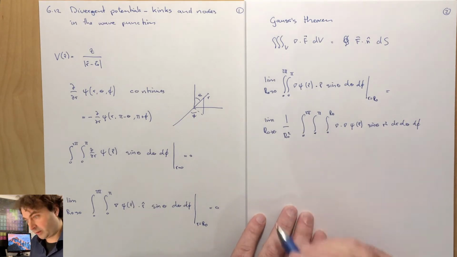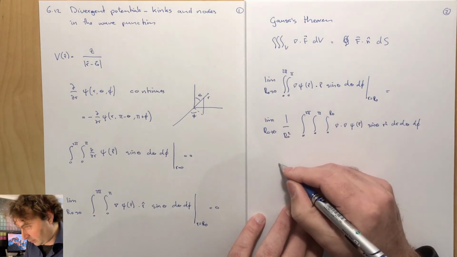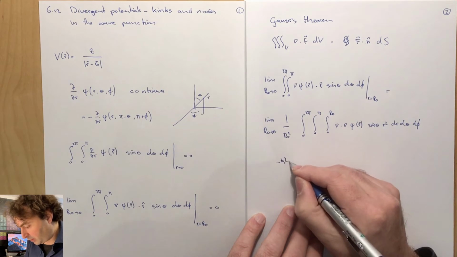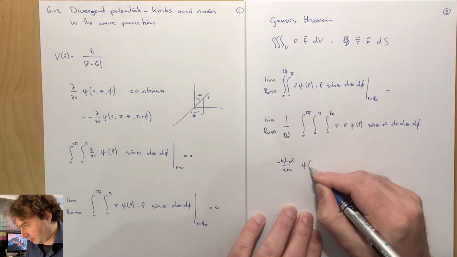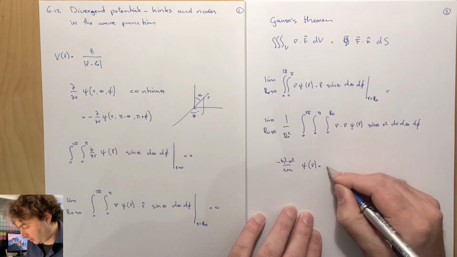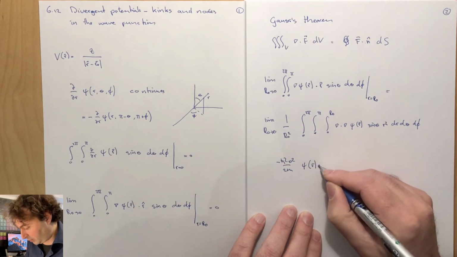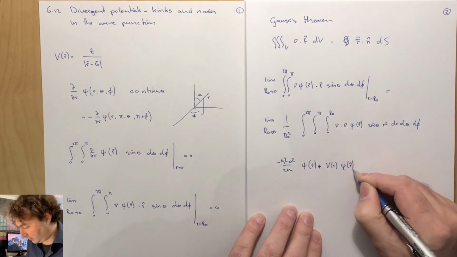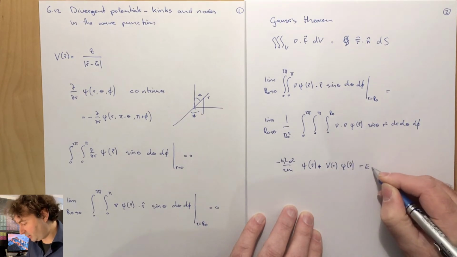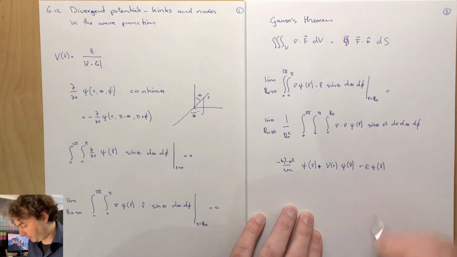Now we can use the Schrödinger equation. We know minus h bar square over 2m del squared psi of r plus the potential times psi of r is equal to the energy times the wave function.